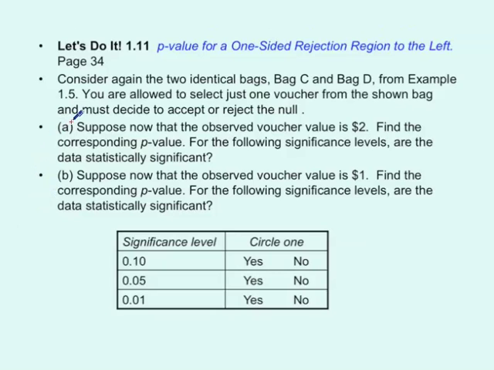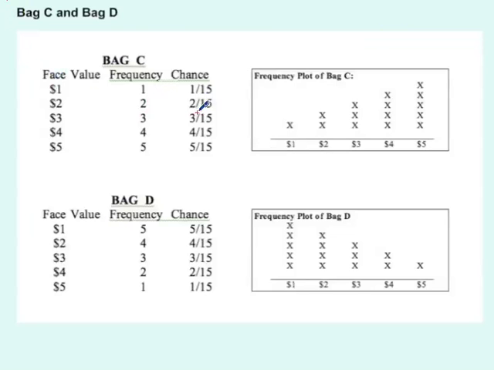We're going to start off with part A, where the observed value was $2. That's the main thing. Let's go back to our graphs. In part A, the observed value, OBS, was $2.